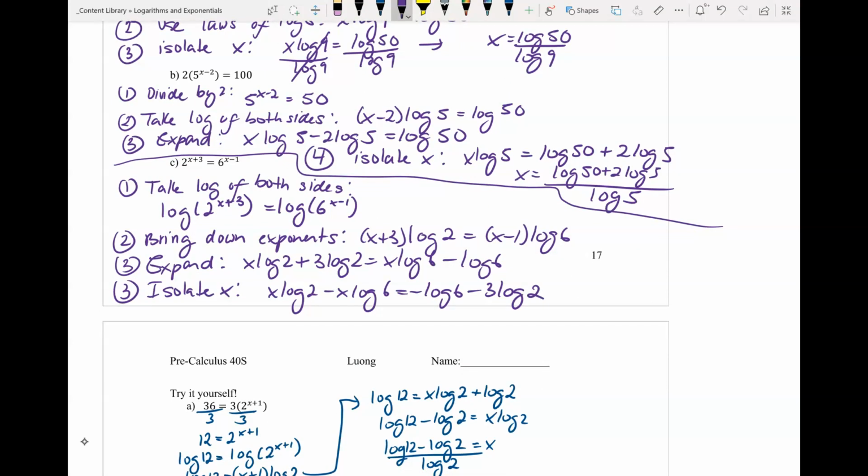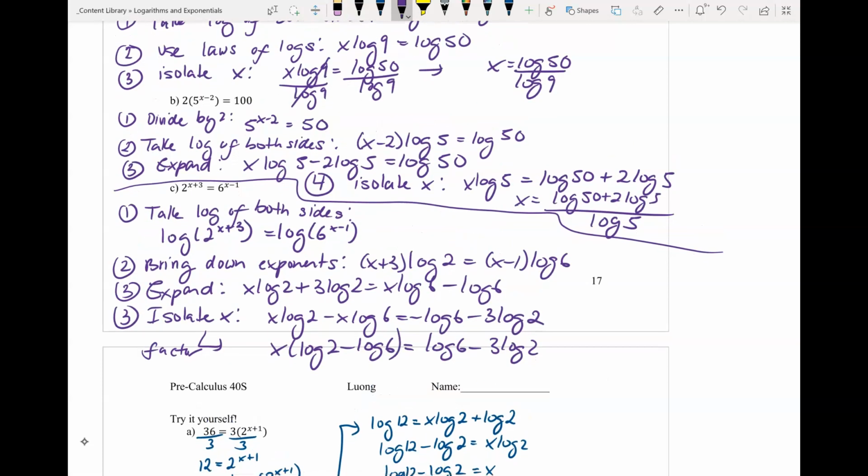Now I'm going to factor out that x. And then divide both sides by log 2 minus log 6.